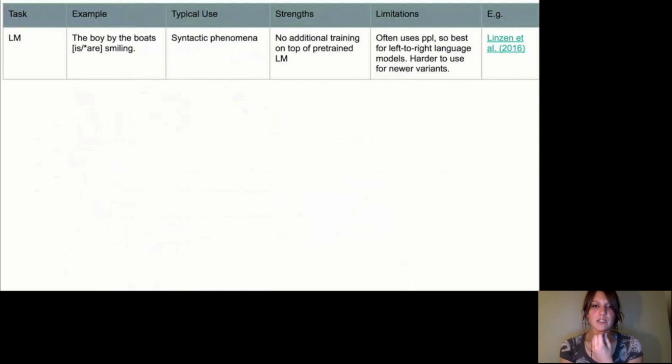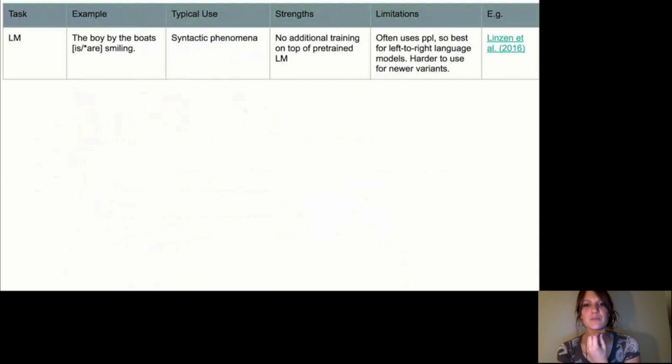This gives you very tightly controlled stimuli where you can just ask what probability the model assigns to the singular versus plural version of the verb. Then you can draw conclusions about how well it's representing the syntactic structure of the sentence, to the extent that it makes correct predictions about subject-verb agreement.